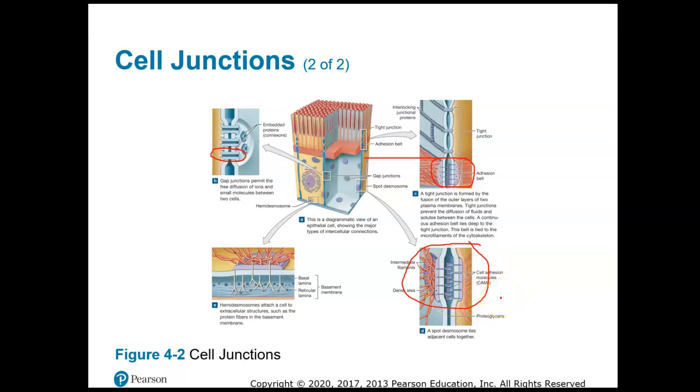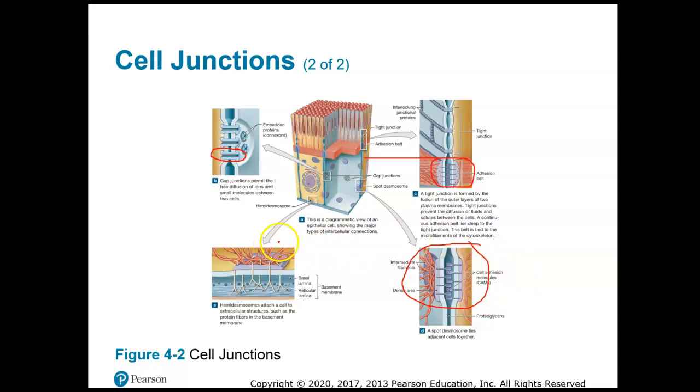So it's not going to be one cell at a time. You're going to have flakes or sheets that you lose of your skin. And especially in the case of a sunburn, you notice that you can peel your skin off. And that is because of the desmosomes that connect the skin cells to each other.